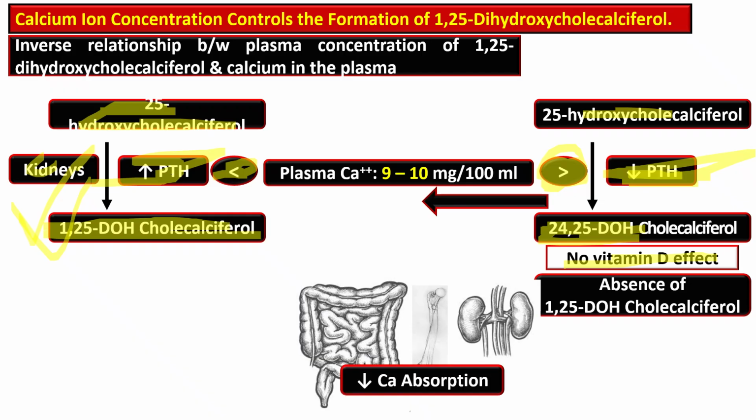So there is absence of 1,25-hydroxycholecalciferol. As a result, the calcium absorption from the gut, bone and kidney is decreased. So it helps in maintaining the normal level of the calcium in the plasma.